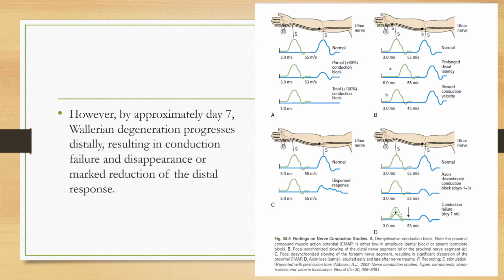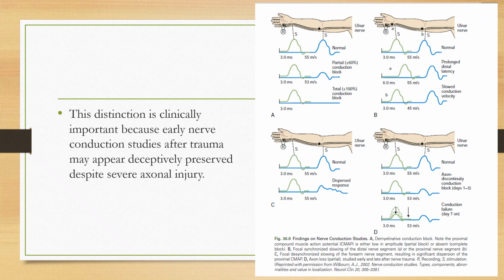However, by approximately day 7, Wallerian degeneration has progressed distally, resulting in conduction failure and disappearance or marked reduction in the distal response. This distinction is clinically important because early nerve conduction studies after trauma may appear deceptively preserved despite severe axonal injury.